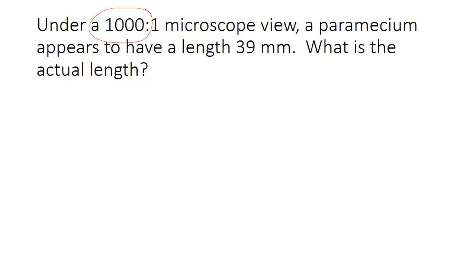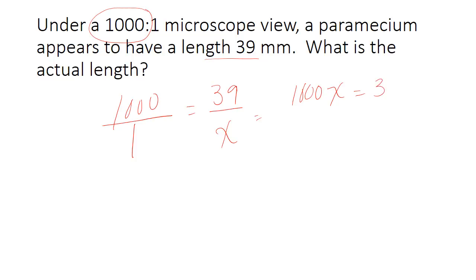So we can take our scale length on top, which is going to be 1,000 to 1, and our scale length of the paramecium is 39. So what is the actual length? We're going to cross multiply here. So that's 1,000 x equals 39.